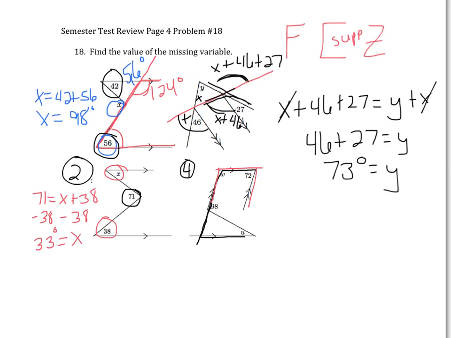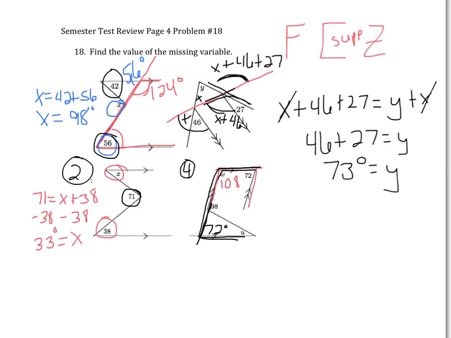So I know W is going to equal 108 because those two are supplementary. And 108 plus 72 equals 180. So now using this other C that we've made, I know that 108 is supplementary with the angle down here at the bottom. So it will also be 72.